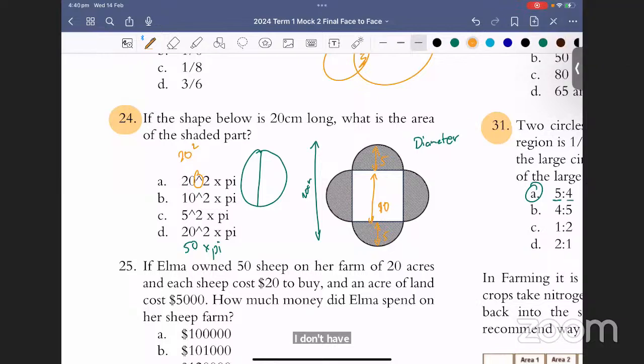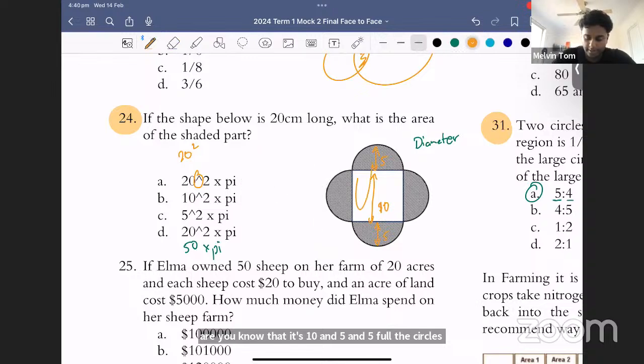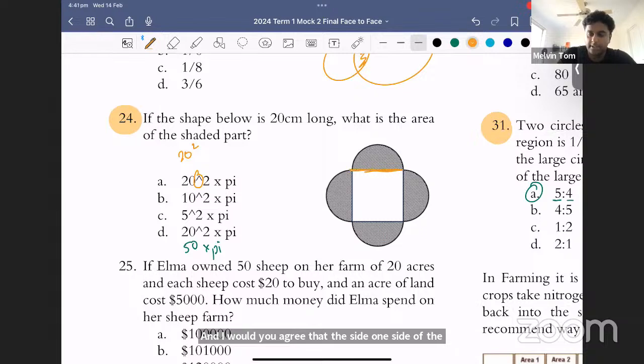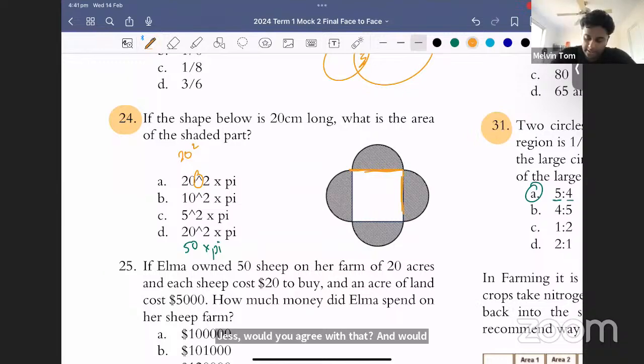Well, how will you know that it's 10 and 5 and 5 for the circles? Okay, good, that's an interesting question. The reason you can know that, Anay, is this: would you agree that one side of the square is equal to the diameter of the circle? And would you agree that all sides of the square are the same length?